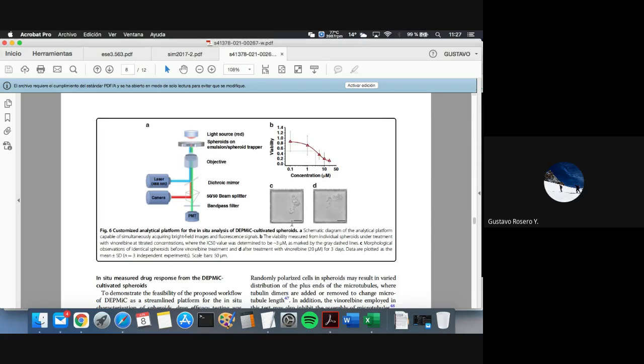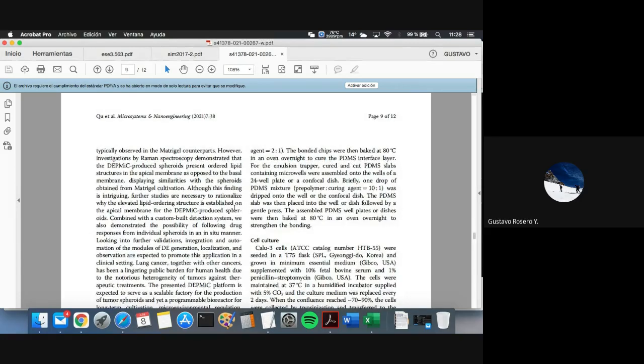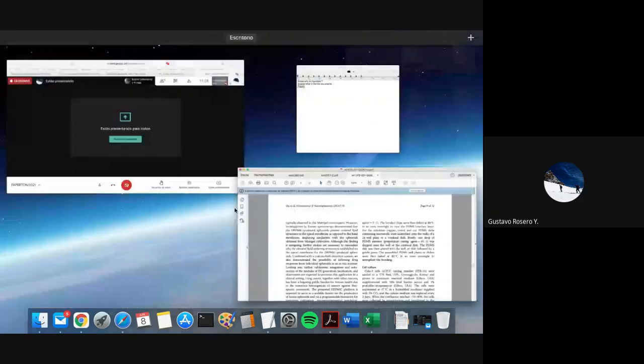They break the emulsion, and they cultivate the spheroids with lung cancer cells, and they use drugs in order to see the viability of these cells. They use a binary bind, and this is the behavior of the viability according to the concentration of the drugs, and this is the final result.